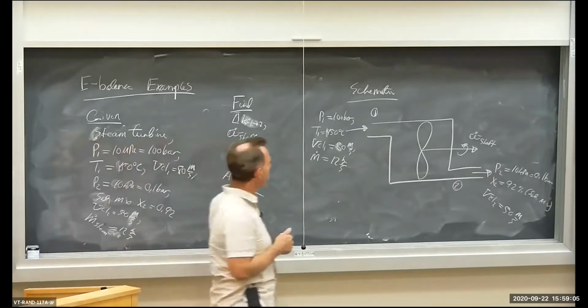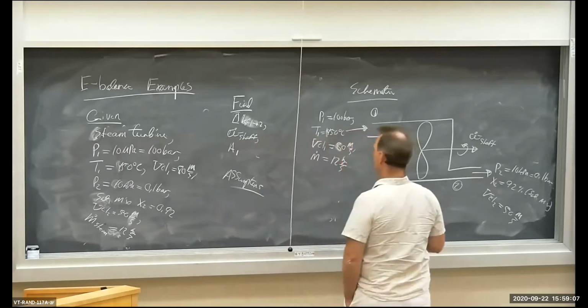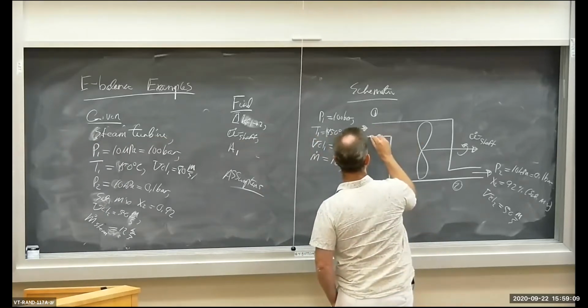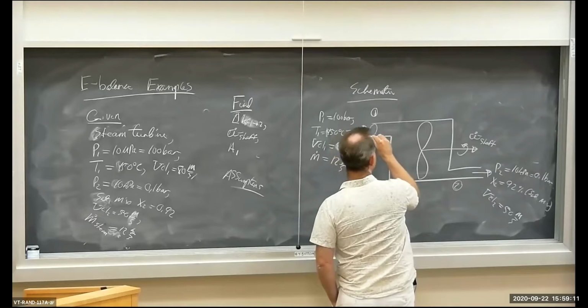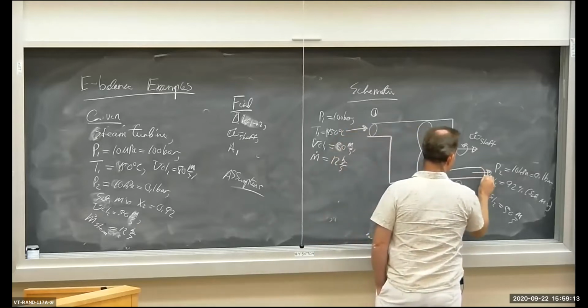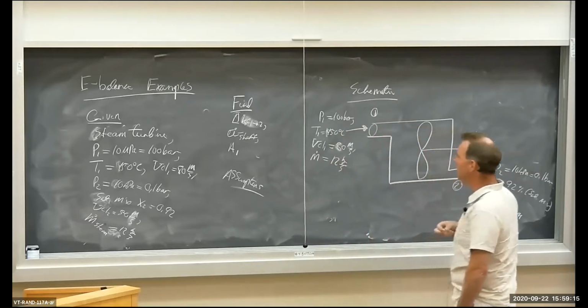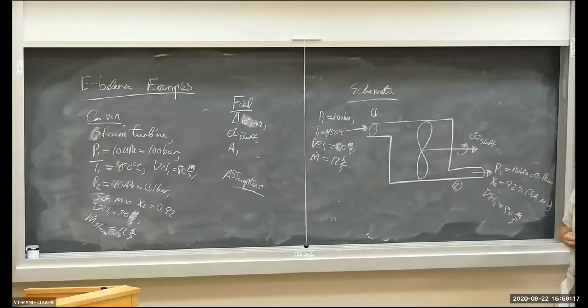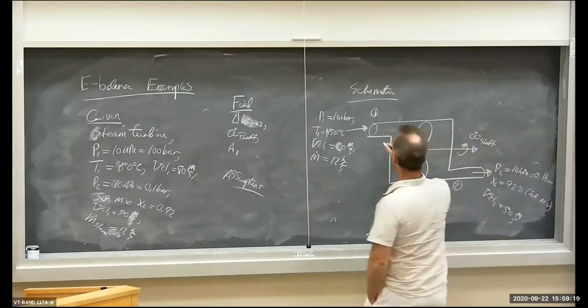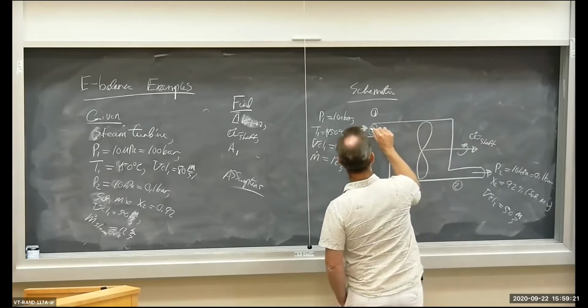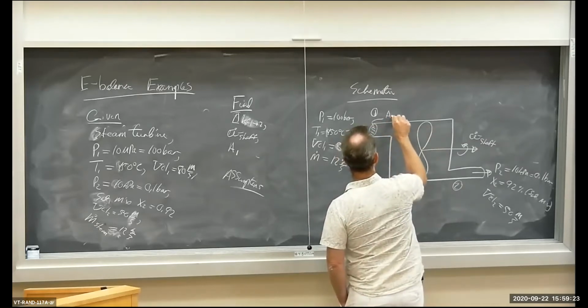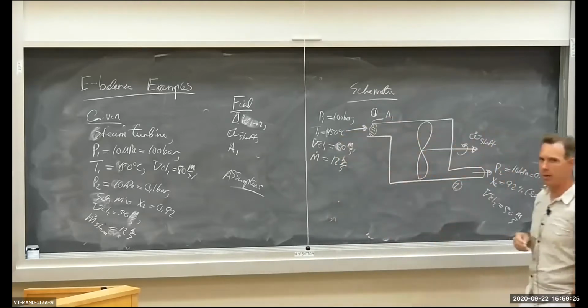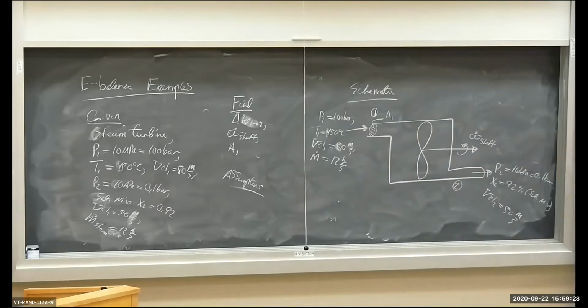And presumably, I also want to know what the inlet flow area is. There's some sort of pipe in which the steam flows in and the saturated mix flows out. I want to know what this flow area, A1, is. Okay, let's proceed.